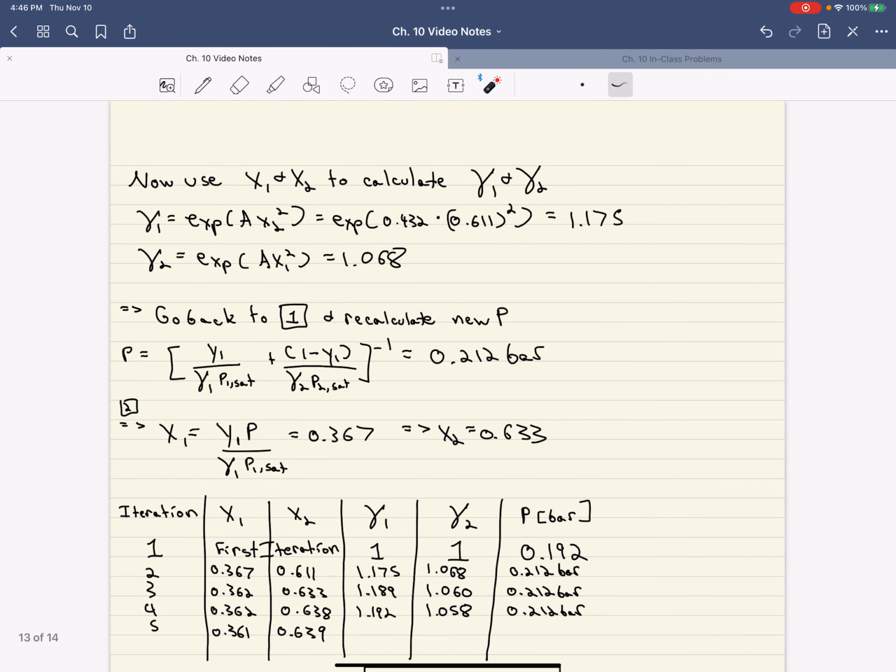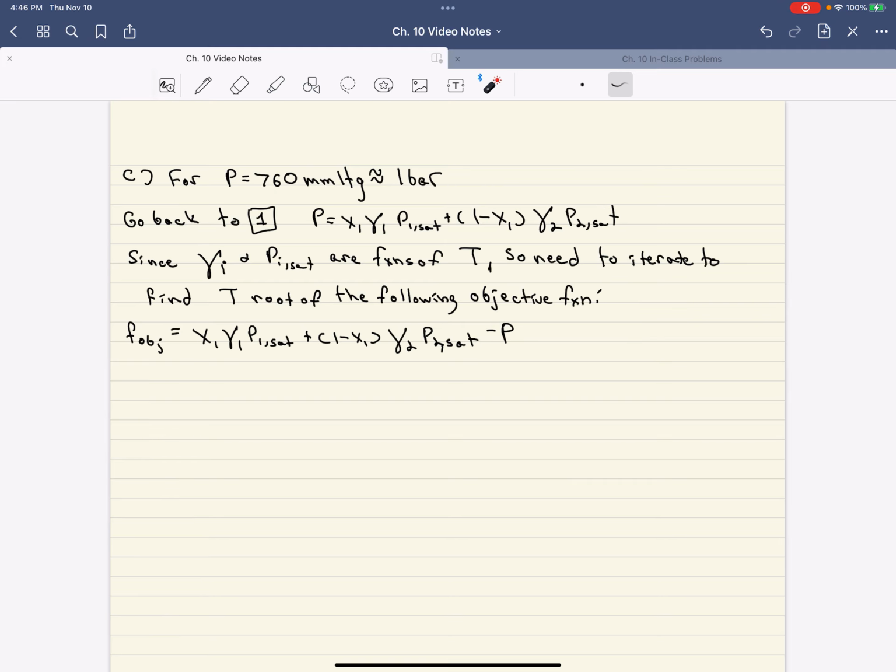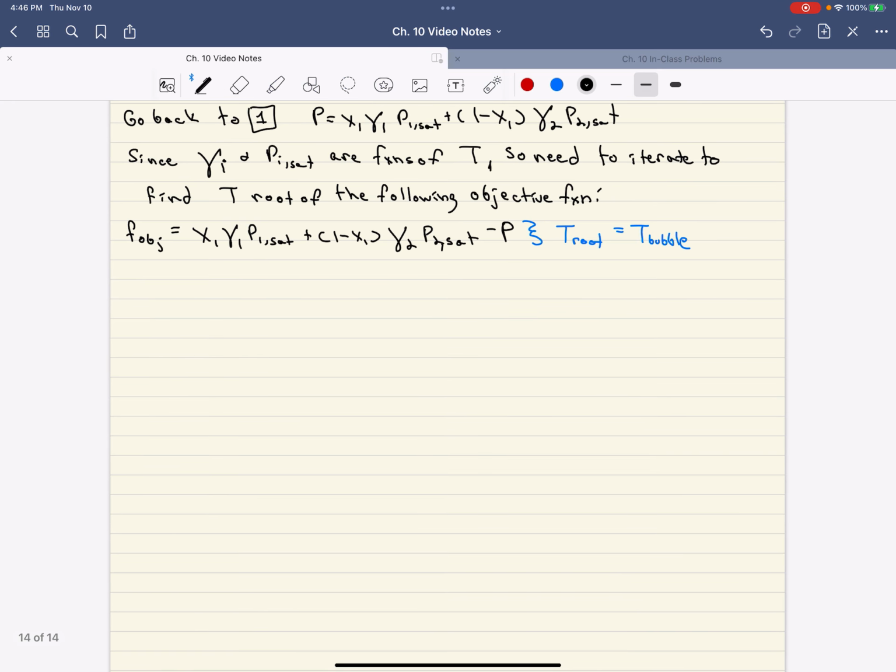Okay? All right, and so you would find the temperature that minimizes this objective function, and essentially that temperature root that you find would correspond to T bubble. Okay? All right, and then once you have that temperature root, what you would do next is your y1 equation.